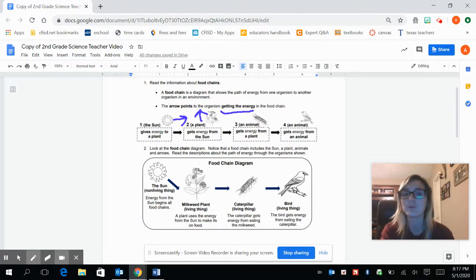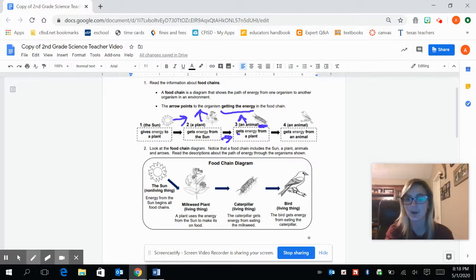Then it moves farther. The plant is getting its energy from the sun, and then this animal eats it, this caterpillar here. The caterpillar is going to eat that plant. So it is going to gain energy from the plant. So now it has more energy.